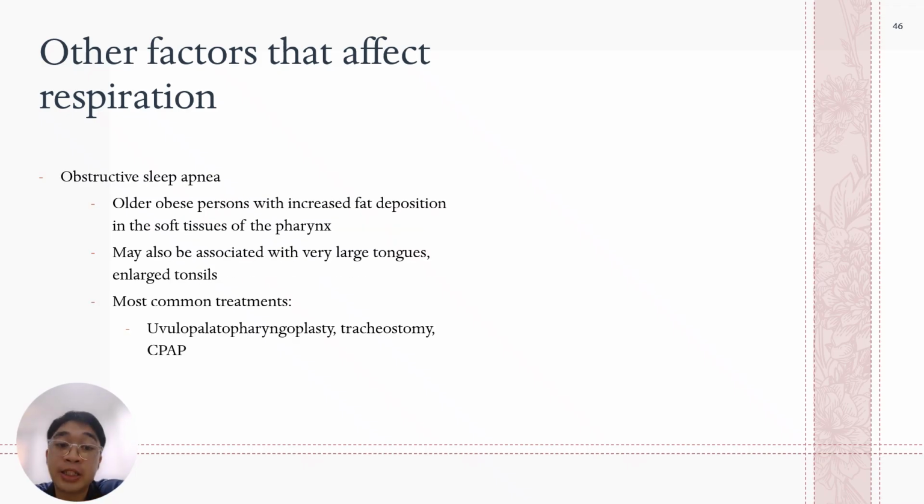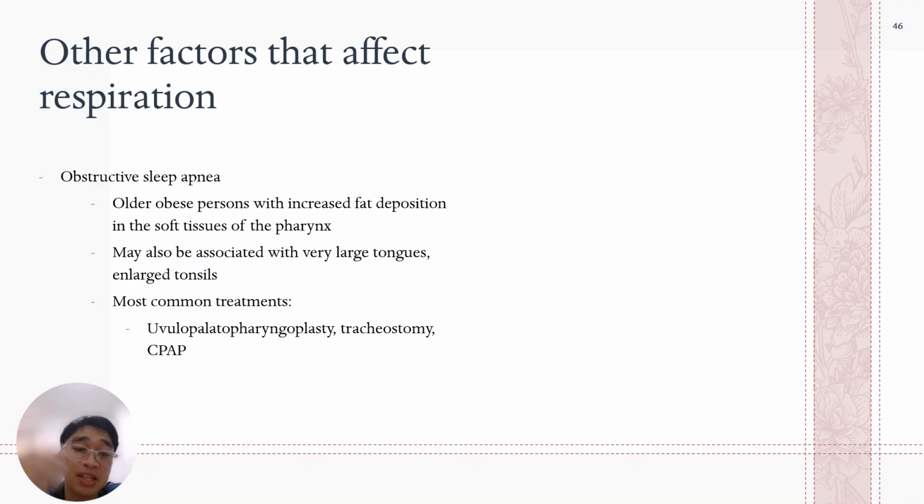Another type of sleep apnea is obstructive sleep apnea. This is usually seen among older, obese patients with increased fat deposition in the soft tissues of the pharynx. Normally when we sleep, the pharynx is open enough for air to move freely in and out.